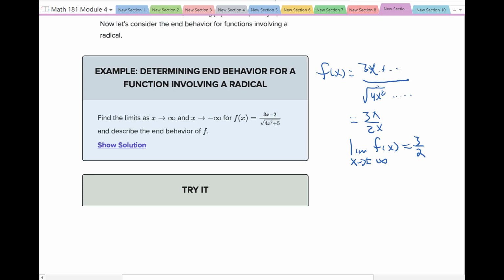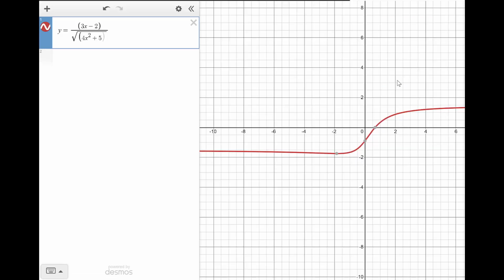What we might need to consider, though, is with negative infinity, is it going to be negative? Because down below, it's a square under a radical, so that's going to produce a positive. So it might be negative. Hang on a second. When I look at the graph of this in decimals, I do see this. It's approaching two different things.